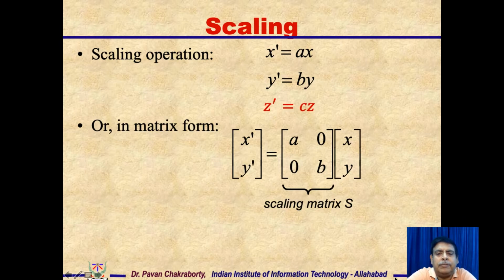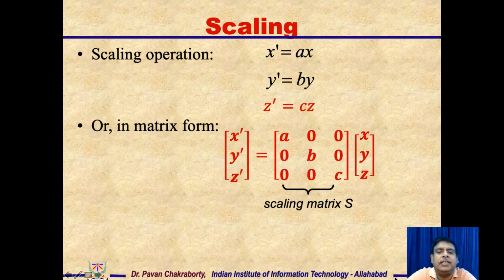Now the similar equations, if we do it in 3 dimensions, we need to add a third quantity: z prime is equal to cz, and the matrix changes in this manner where I have the diagonal elements a, b and c.